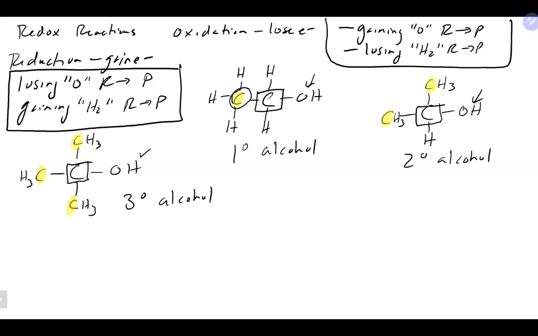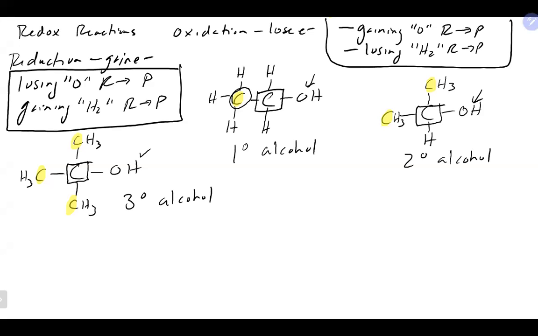Now, classifying the alcohol is really important in terms of the reactions that these alcohols undergo. So depending on the type of alcohol it is, it will go through a certain type of reaction, and it'll be different than, say, a secondary alcohol versus a primary alcohol. So let's talk about the reactions that each of these undergo, these oxidation reduction reactions.